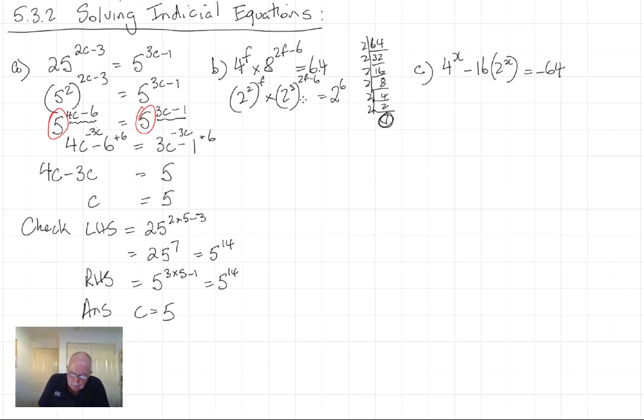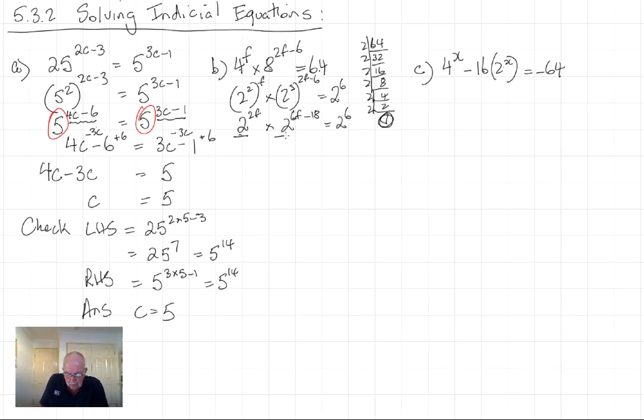So let's just simplify these and remove these brackets. We go a power to a power, so we've got 2 to the power of 2f. 2 times f is 2f. Times 2 to the power of, now it's 3 times 2f minus 6, so you've got to multiply 3 times the 2f and you get 6f. The minus comes down from the minus 6 there, and 3 times 6 is 18, equals 2 to the power of 6.